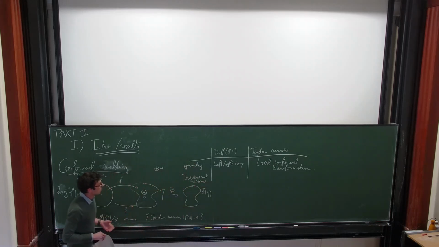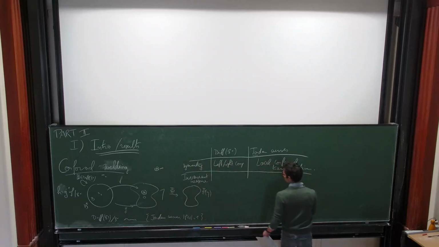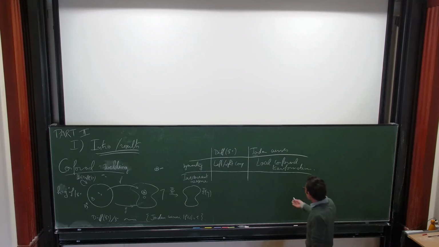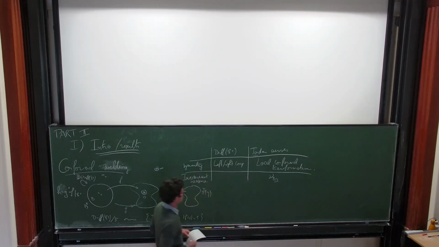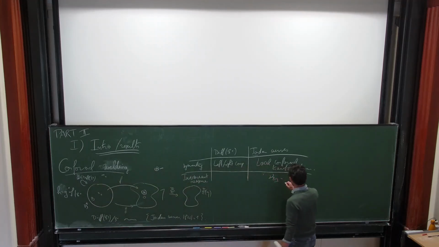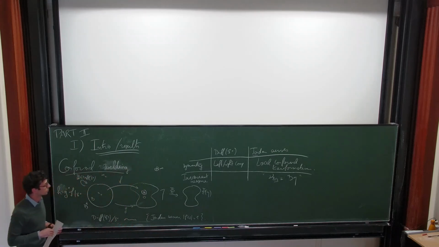And there is a beautiful thing: SLE 8/3 satisfies a conformal restriction property with central charge equal to 0. So you can really think of SLE 8/3, nu 8/3, as being an invariant measure with respect to the symmetry. If you were a physicist, you would write capital D eta as a formal path integral.